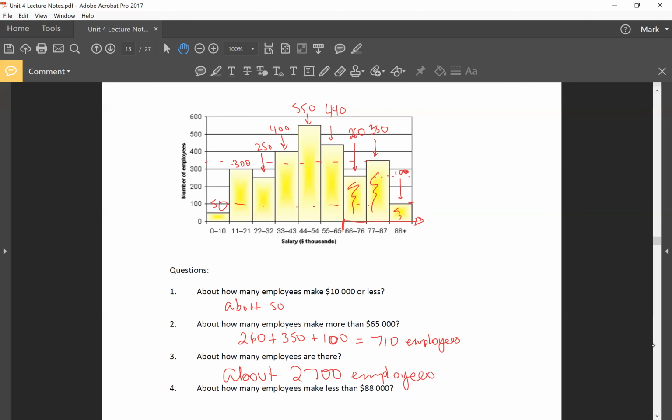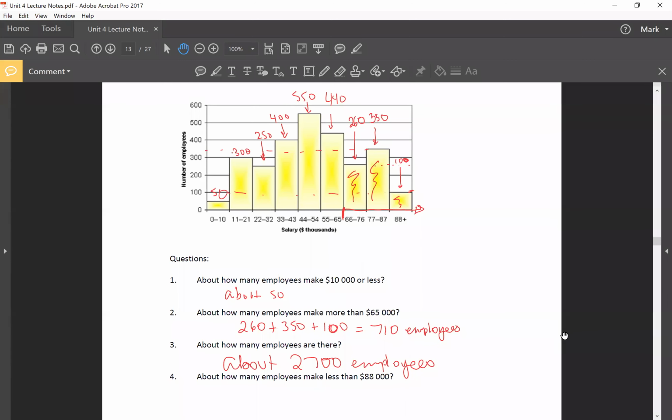Now, I've done the hard work for you because I've already calculated all the employees in every bin or category. So my last question for today, how many employees make less than 88,000?